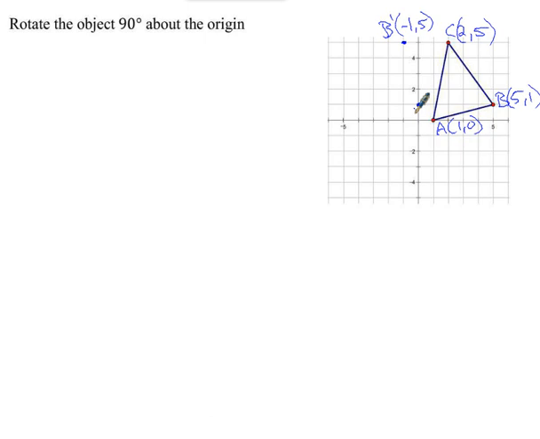Here we are at A prime, which is 0, comma 1. The only one left is the C. We have 2, comma 5. We trade the coordinates, and we change the sign of the new A, so this becomes -5, comma 2. Right there, C prime, -5, comma 2.